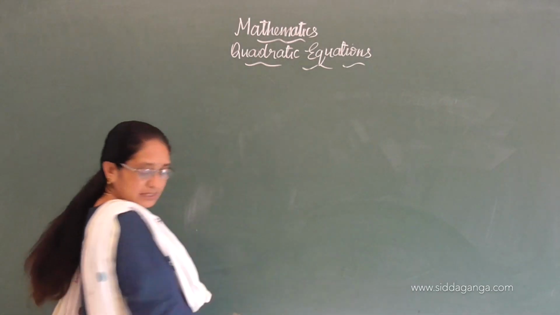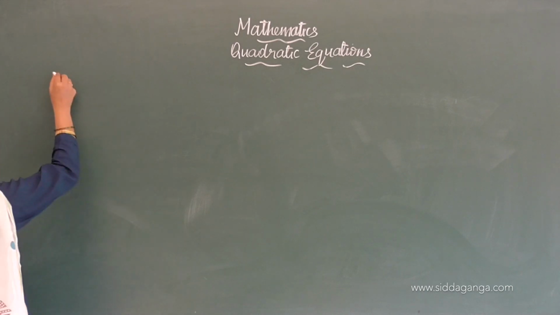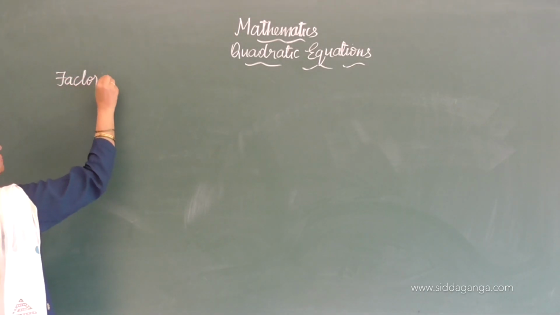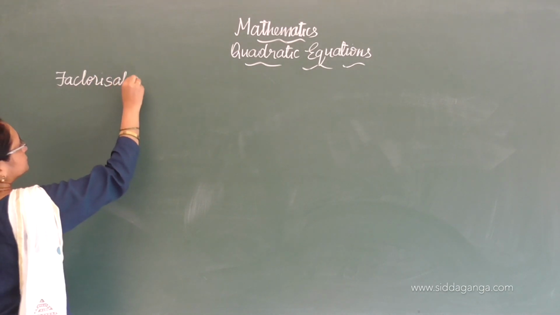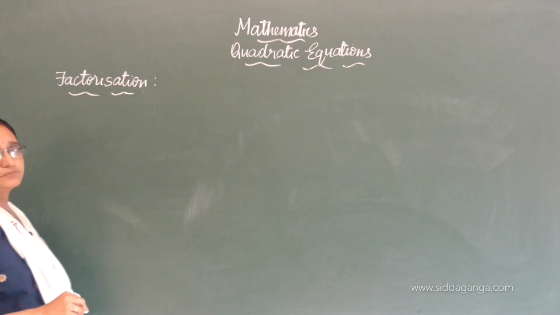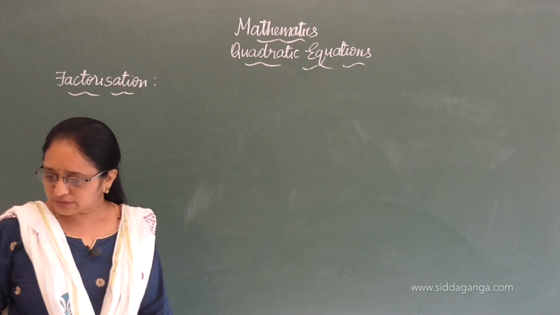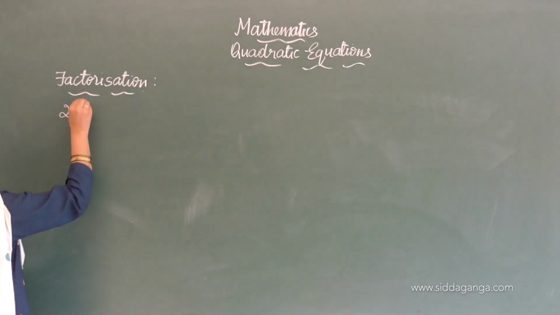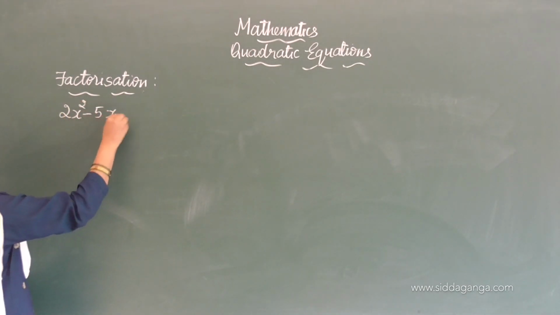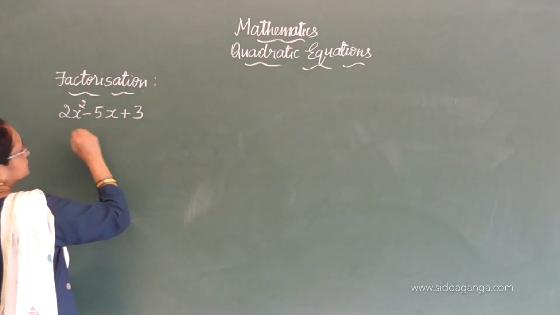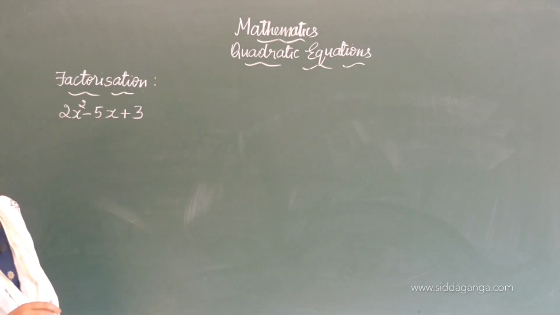So solving by using factorization. Let us take one example, 2x square minus 5x plus 3. So this is the quadratic equation.